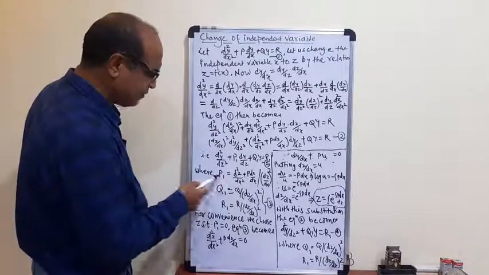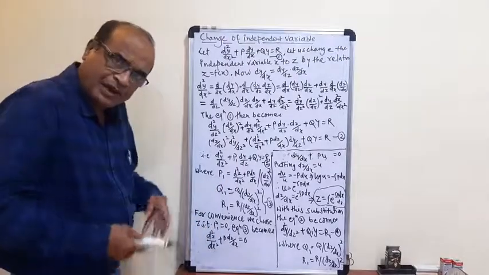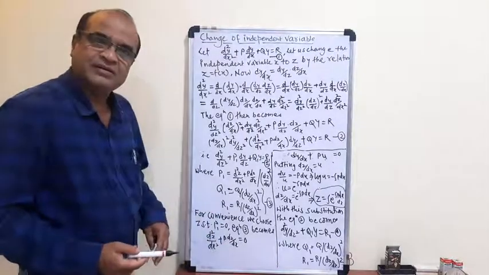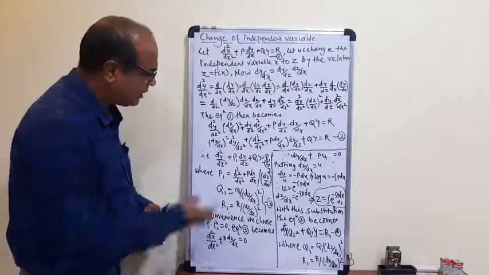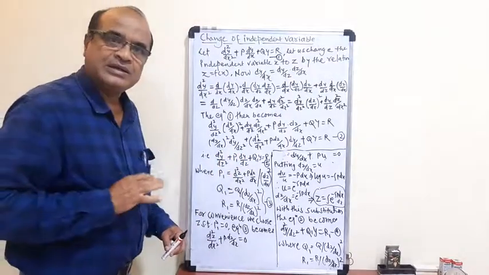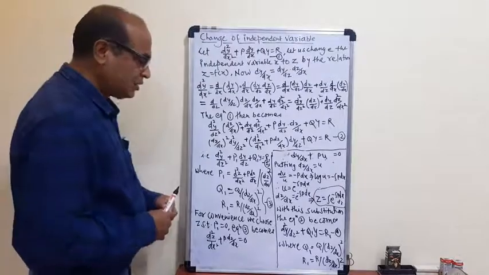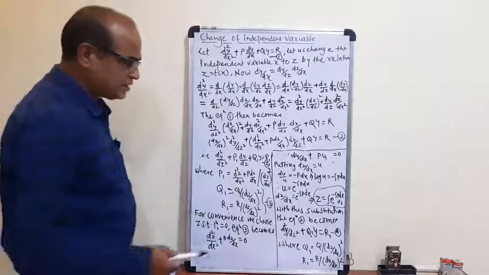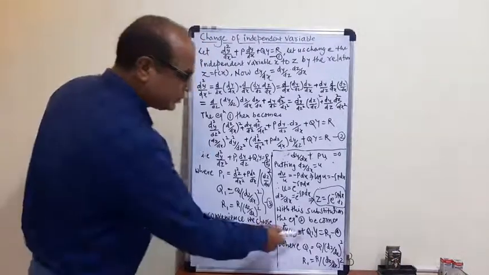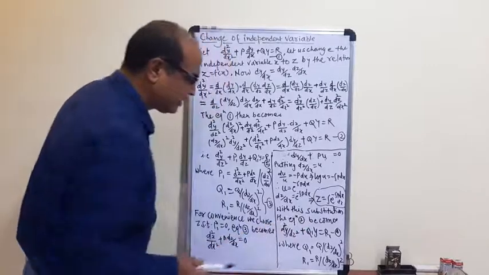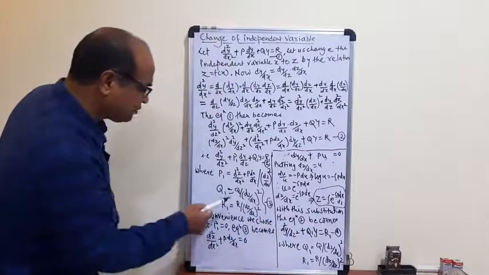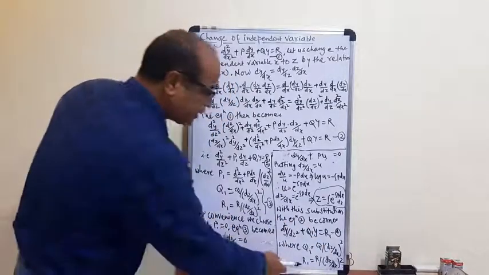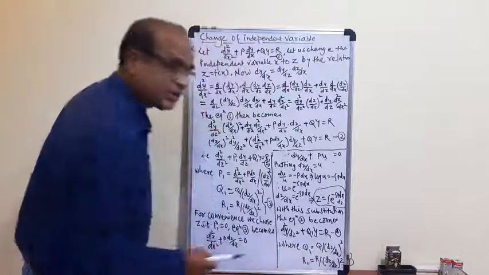We take P1 is equal to 0 and obtain z in terms of x. This is a restriction. When P1 is equal to 0, automatically the first order term gets cancelled, and the equation becomes a very simple differential equation that we can solve easily: d2y by dz square plus q1 y is equal to r1, where q1 is q upon bracket dz by dx square, and r1 is r upon bracket dz by dx square.